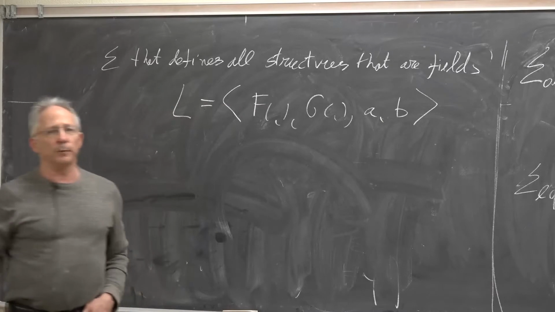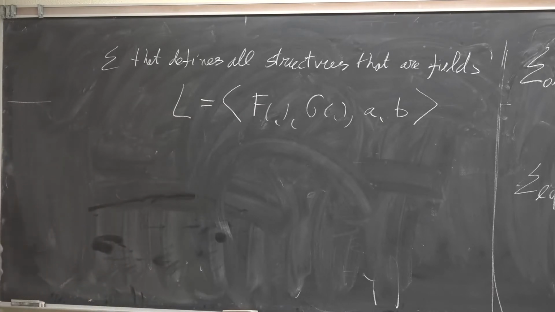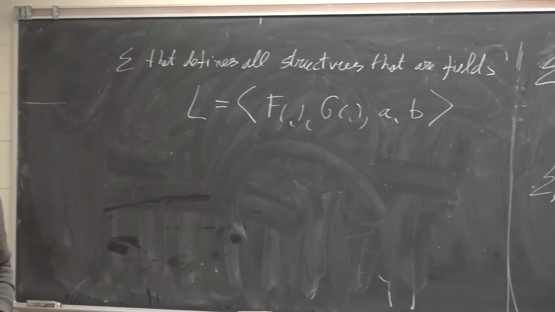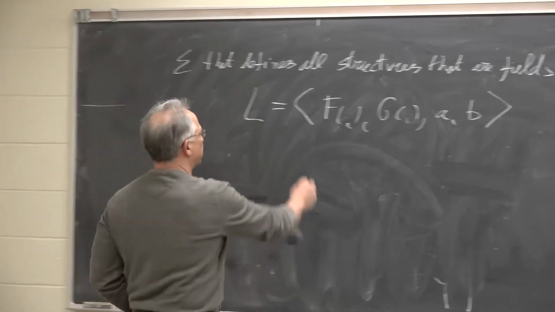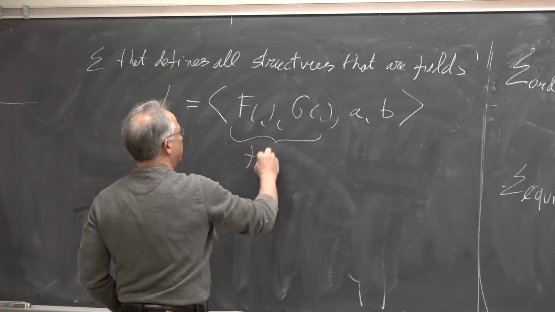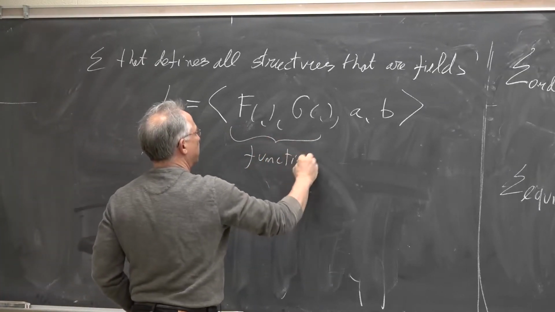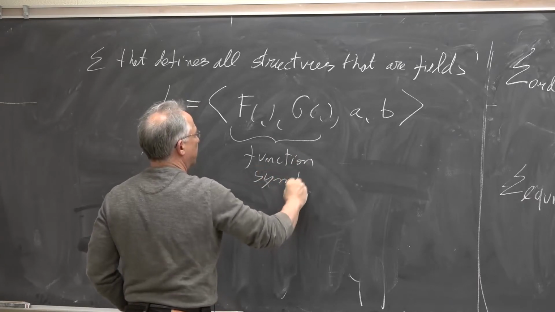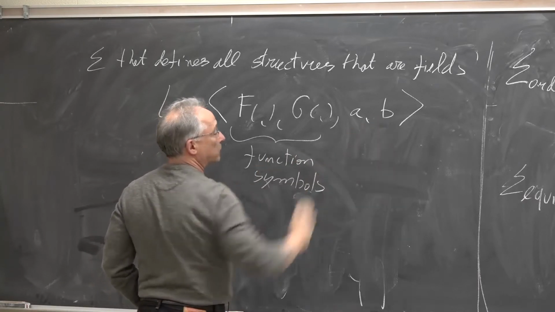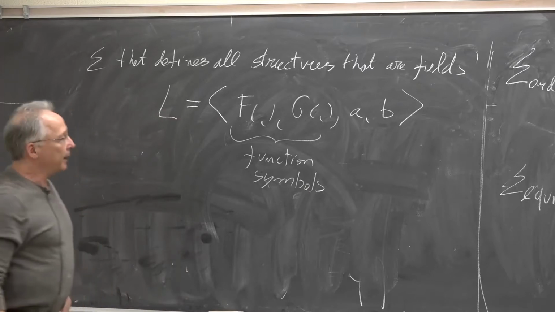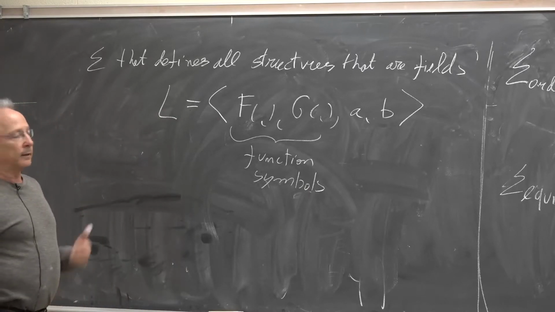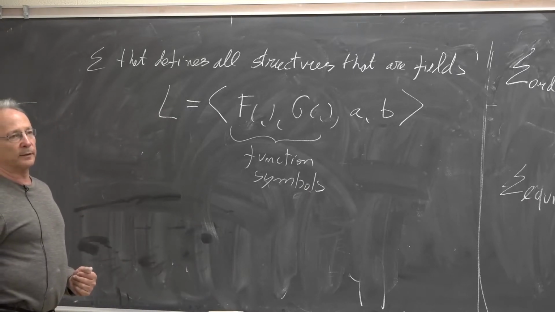So until now, we talked about languages that just contained relations. Now I'm talking about a language where these are function symbols, and these are constants. And now I can say I want to describe fields.